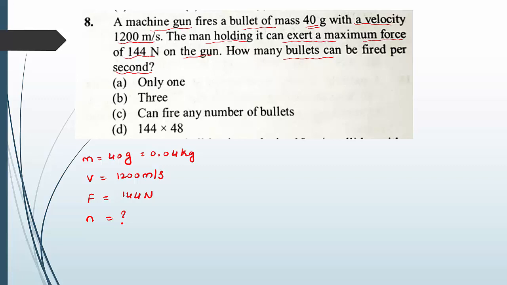So same formula here. Again I am going to write F equal to dp divided by dt. For n number of bullets, we can write n into dp divided by dt.